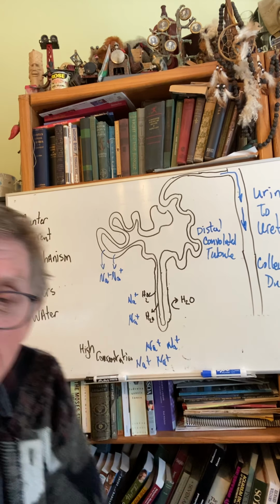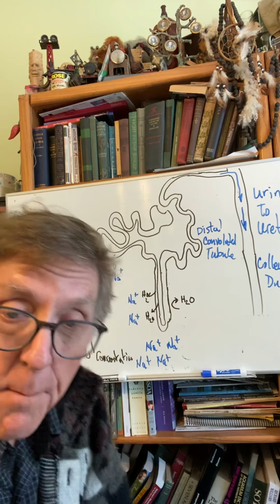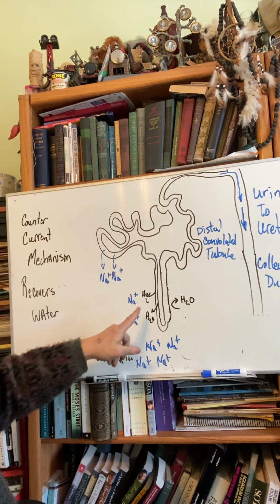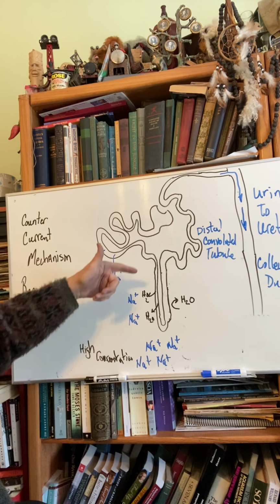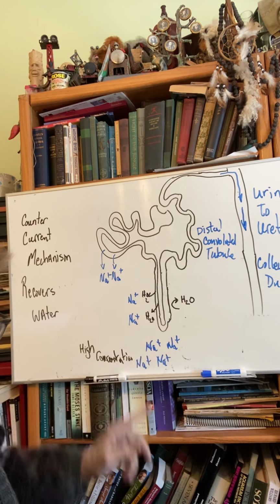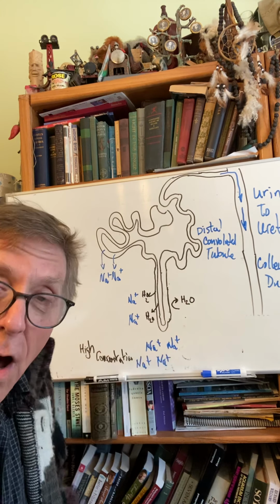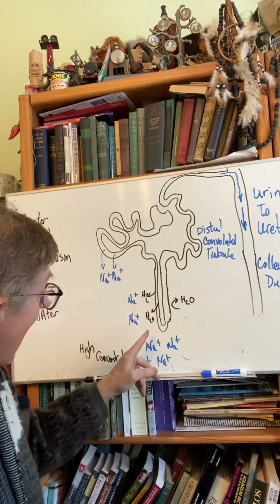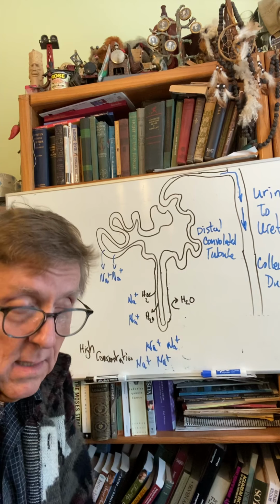And so water loves sodium. Water follows sodium, and the descending limb is permeable to water. So I've drawn some water coming out because we have more and more sodium. Then you have this concentrated urine that's given up its water, and it starts moving up the ascending limb.